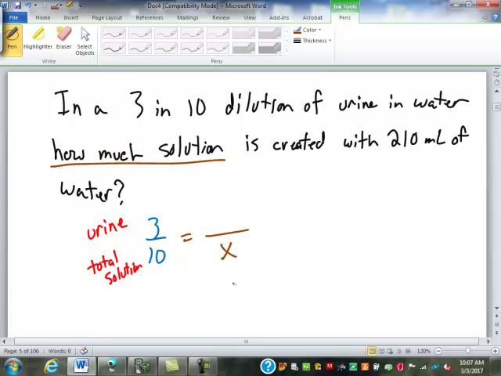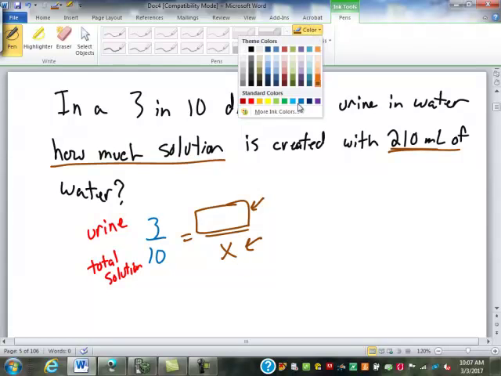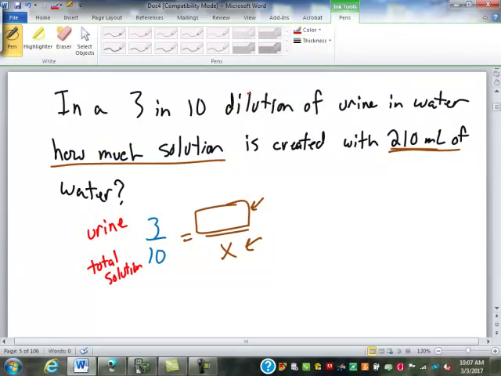So we are looking for the amount of the total solution. Does the 210 milliliters describe the urine? No. So we are missing that number. So again, we are missing both numbers on this side of that proportion, so we cannot use that ratio. We can't use the dilution in its pure form.